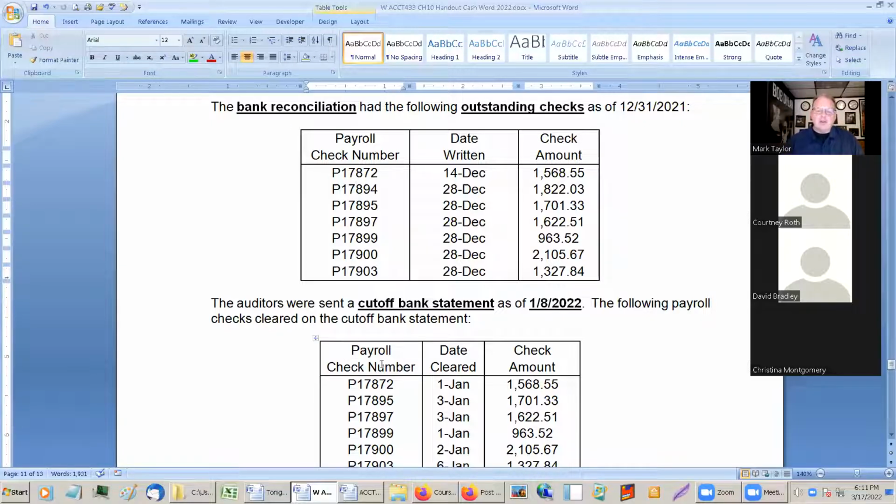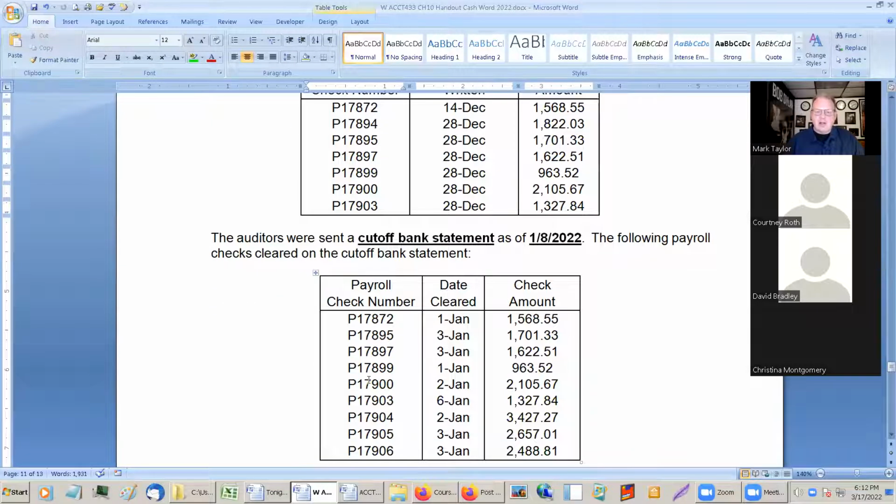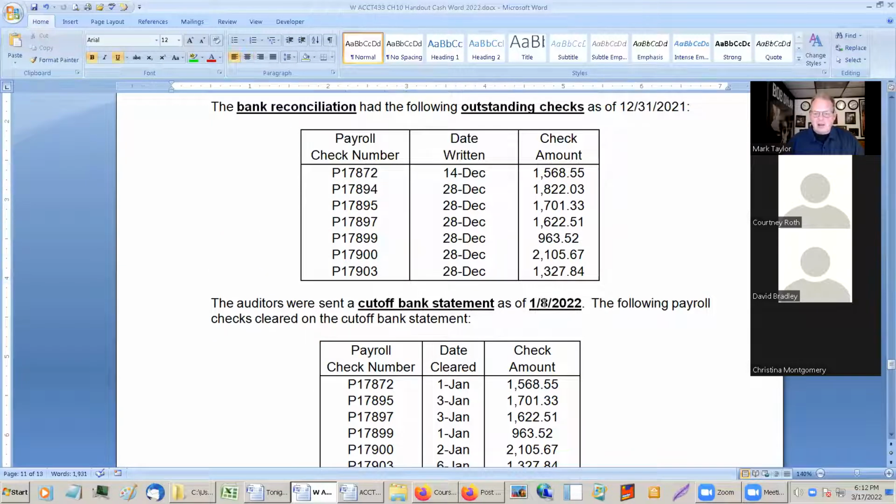So what we're going to do is go down here, take these checks that cleared on the 8th, and match them up with these for the bank reconciliation. Okay, so the first one here, I'm marking green. P1782, make sure the amount is correct. Okay.